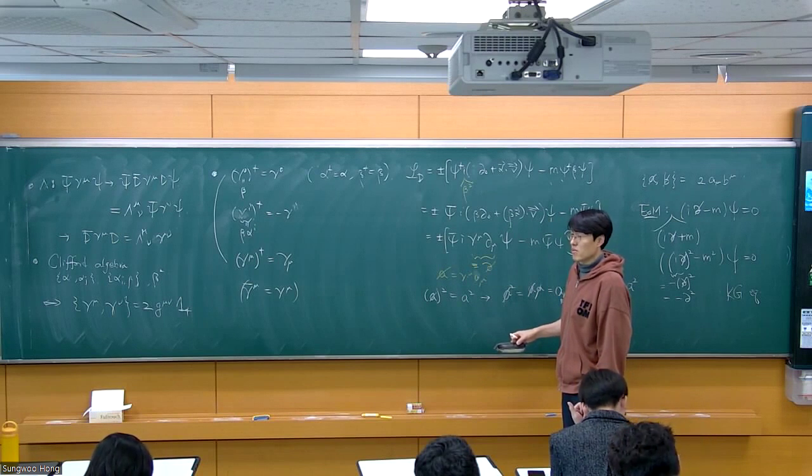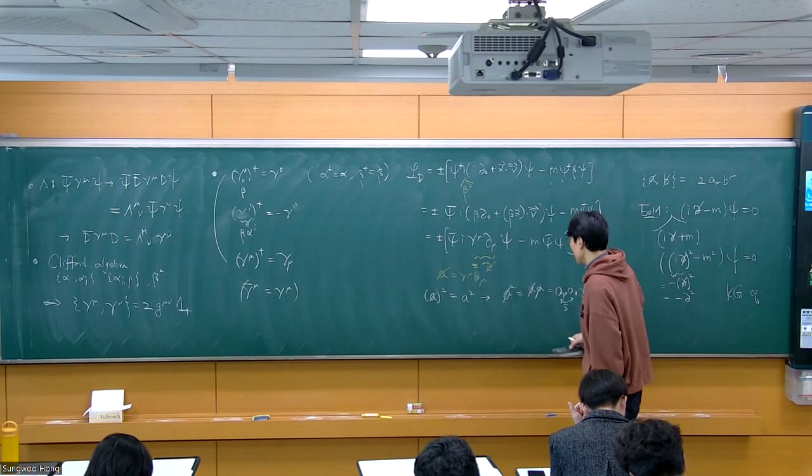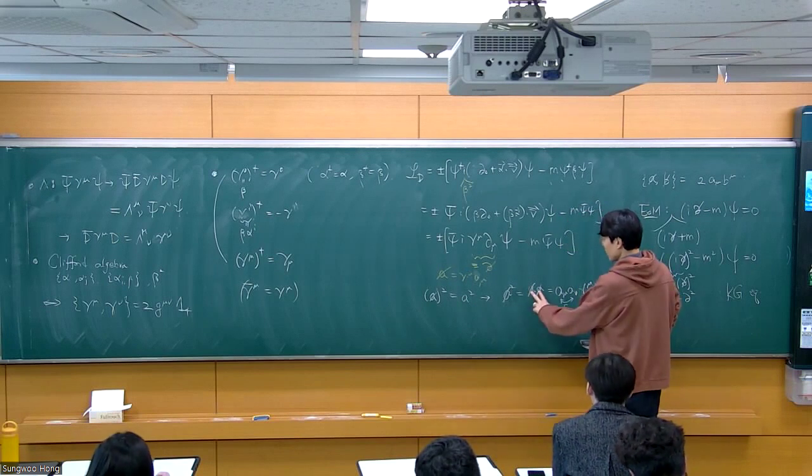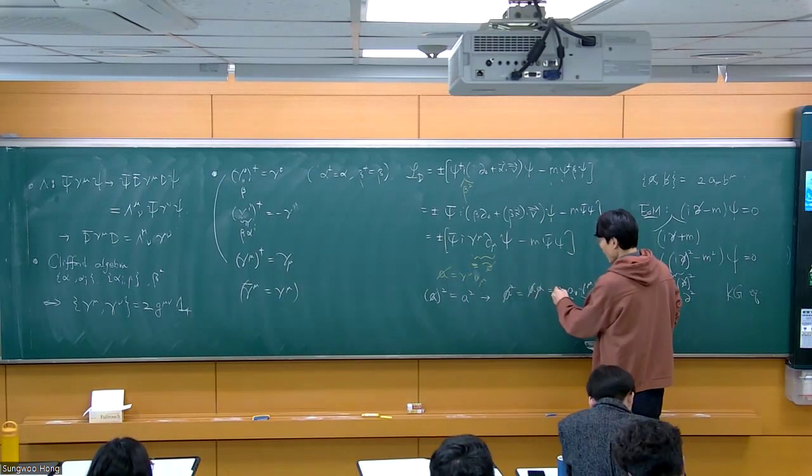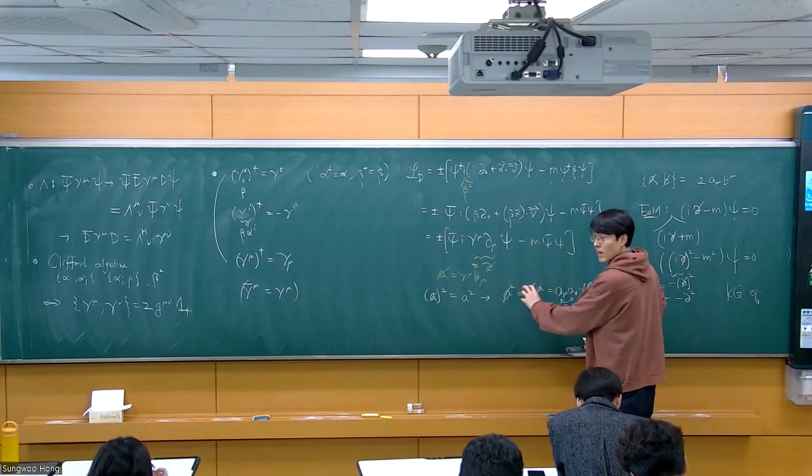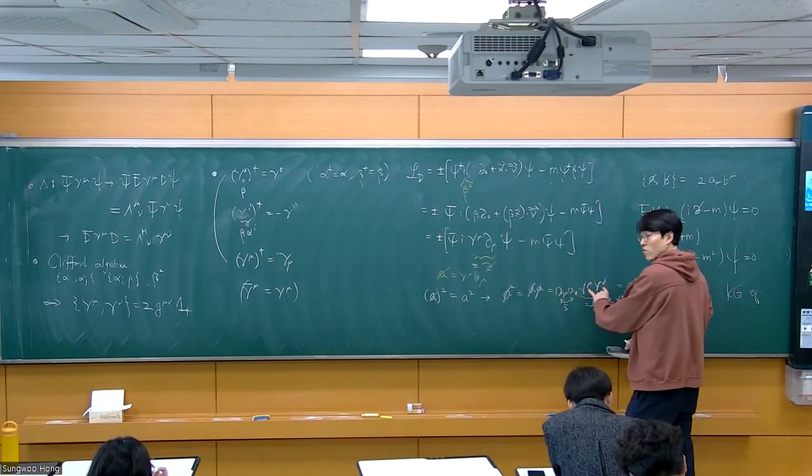Does that make sense to you? So your question was, naively it looks like gamma A gamma A, how do I pass A out? These are numbers, these are 4 by 4 matrices.